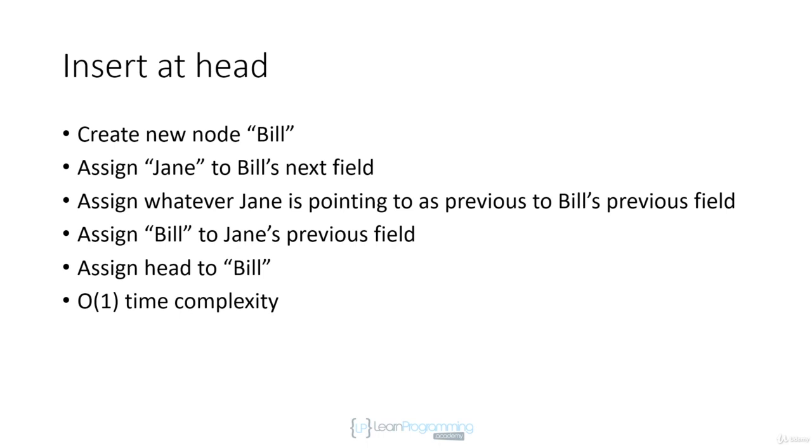And now we have to fix Jane's previous field because Bill is being inserted in front of her. And so we want her previous field to now point to Bill. And then we're going to assign the head field to Bill because Bill becomes the new node that's at the front of the list. And so essentially, when we insert a node, it's all about setting the references of the node we're inserting and also updating the previous field of the current head node.